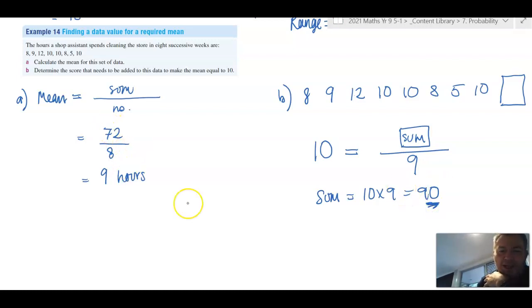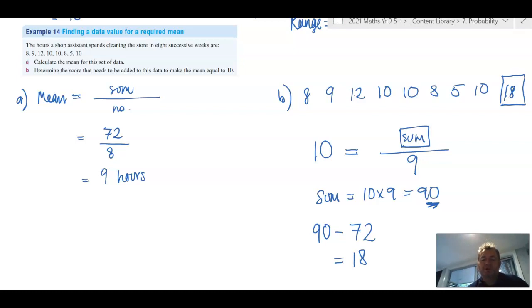So to calculate the extra score, I just take 90 and subtract the previous total, which was 72. So the previous total was 72, and that gives me 18. So this is the number that should be added for the score, for the mean to increase to 10.